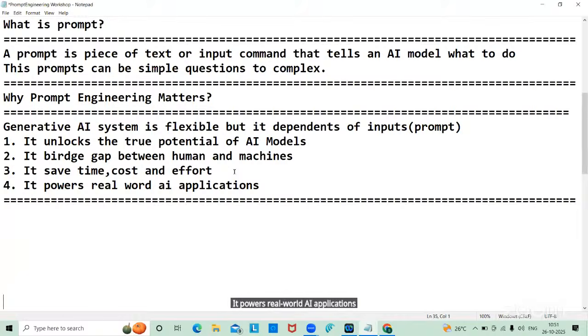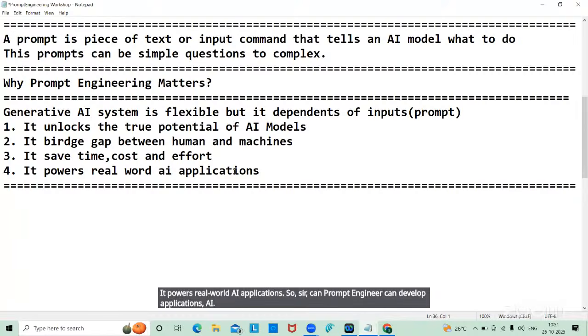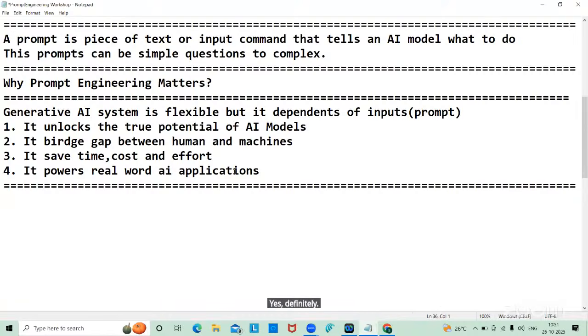So sir, can a prompt engineer develop AI applications? Yes, definitely. You can develop AI applications with the knowledge of prompt engineering. But to develop AI applications, first you should have knowledge of AI.